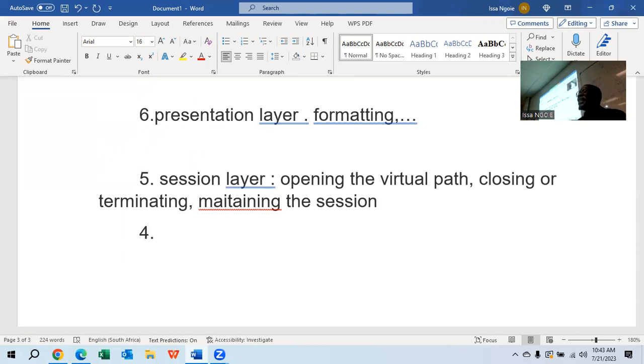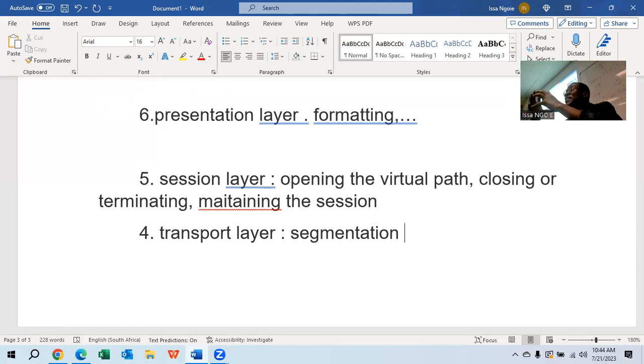Now, when the session layer is keeping your road open, your virtual path open, there's layer 4. We call it the transport layer. What is the responsibility of this transport layer? There's what we call segmentation. Segmentation means what? You see your whole message that you are typing, right?